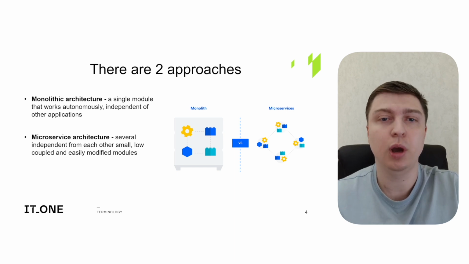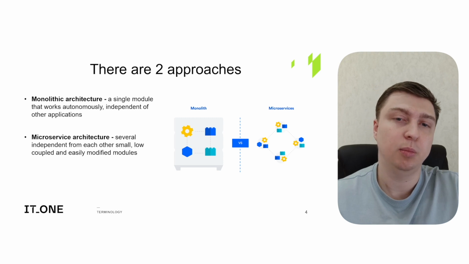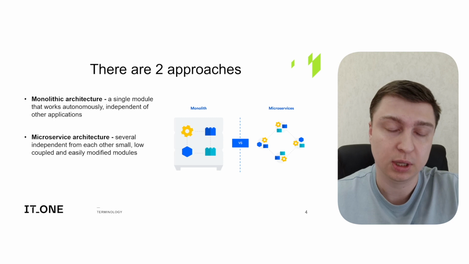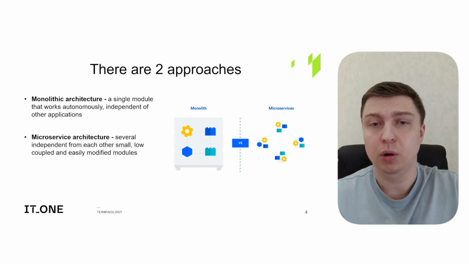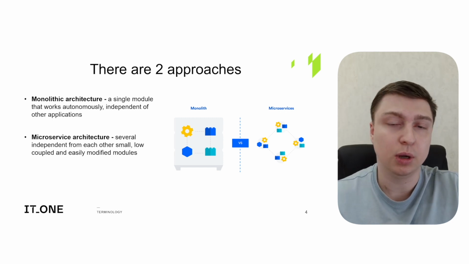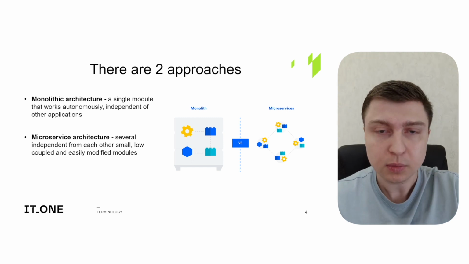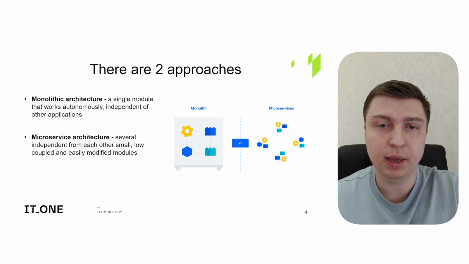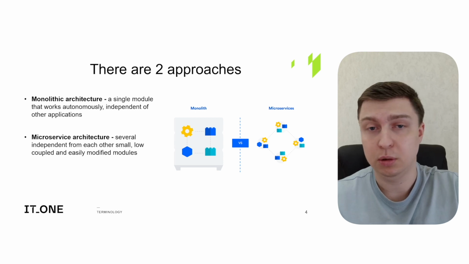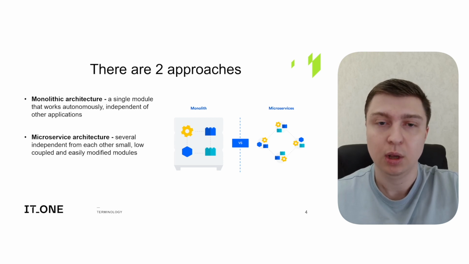Just imagine you have a website and a big to-do list on this website, only this one to-do list. So all your code you can store in one repo. There is one deployment cycle for this application. So it's a really simple conception.